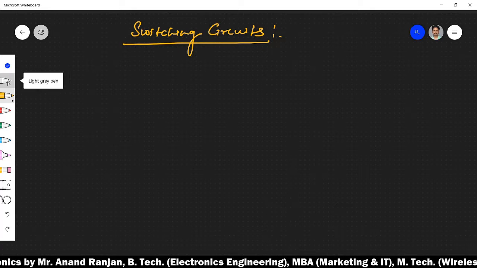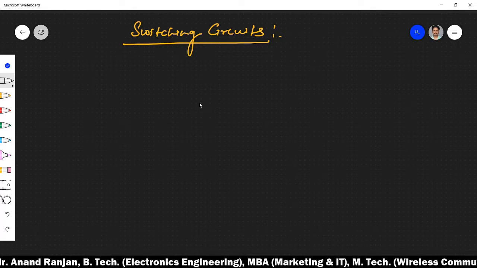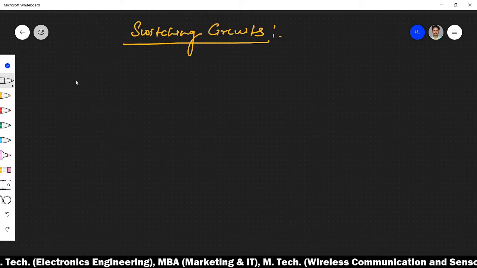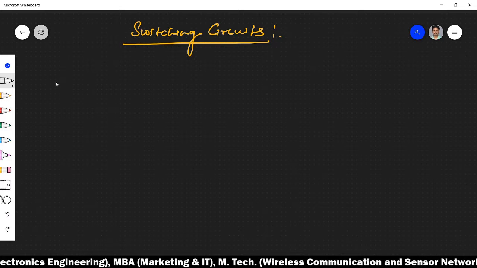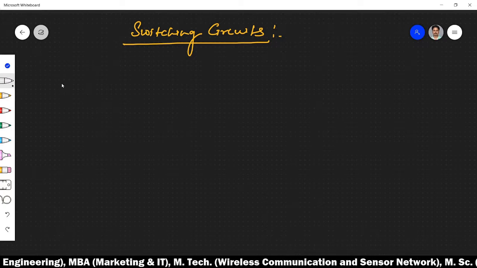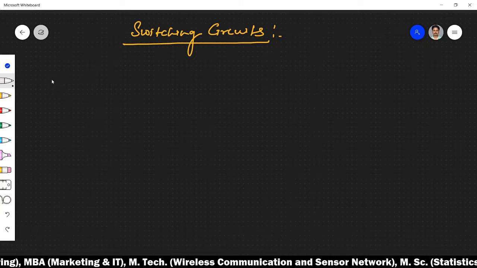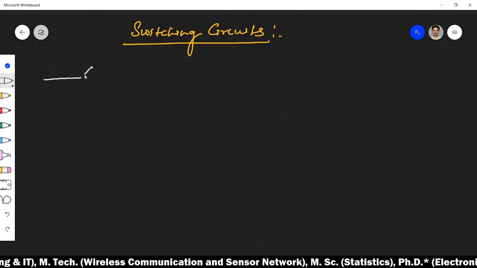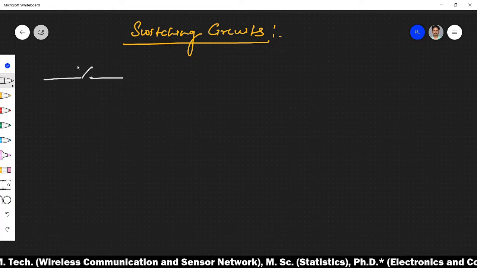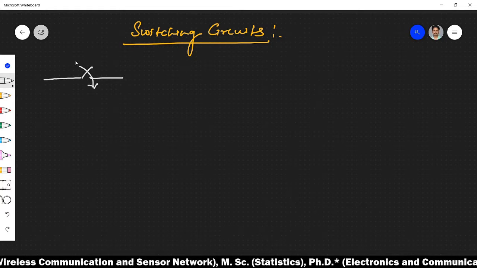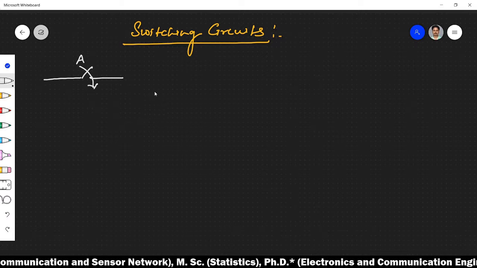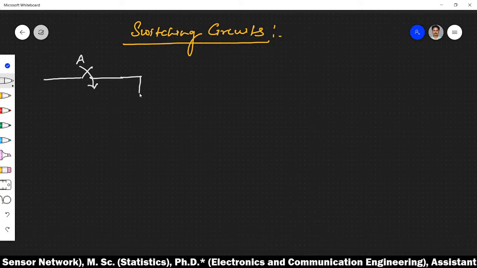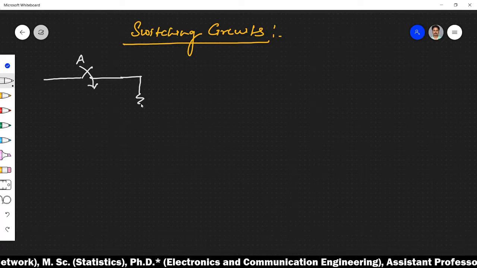So for understanding, we will start with the buffer operation, and for that let me draw one diagram to explain the buffer operation with the help of one switch and bulb. Here we are going to draw this diagram. This is a key, and let's say A is a switch, and this switch is connected in series with a bulb.